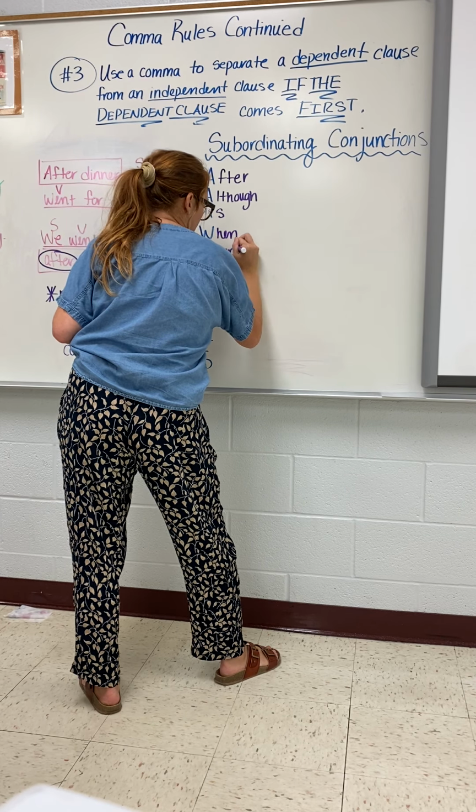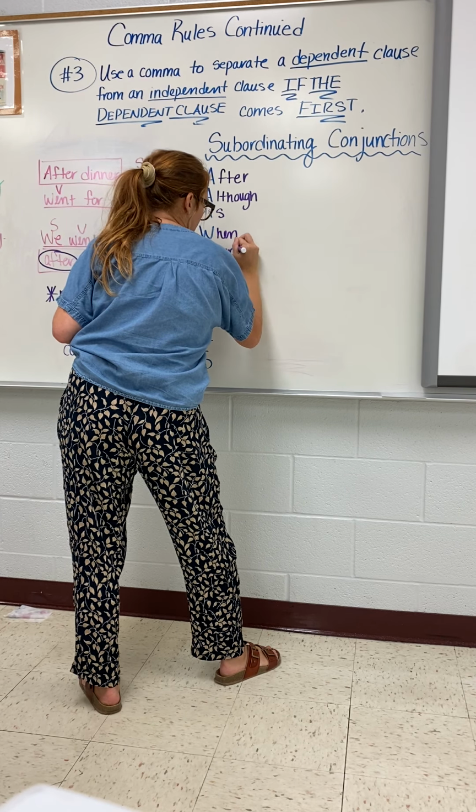When, while, until, because, before, if, and since. Okay? So, if you can remember AWUBIS, after, although, as, when, while, until, because, before, if, and since, this is going to help you to remember where you might need a comma or where you won't need a comma, depending on where this part of the sentence is placed.